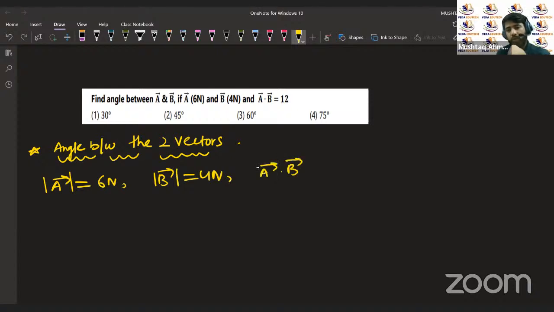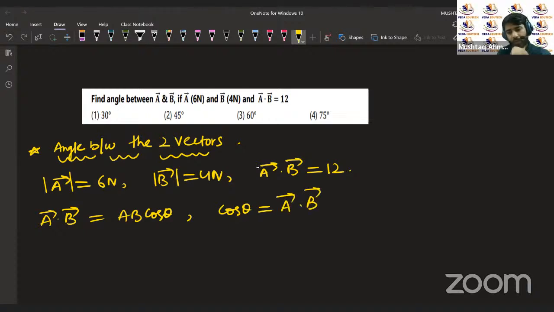So we have to find the angle between these two vectors. A dot B is nothing but AB cos of theta. So cos of theta will be equal to A dot B vector upon mod of A mod of B.